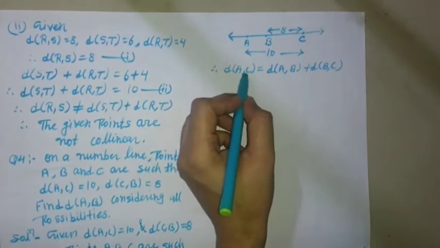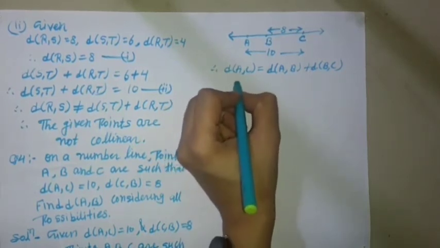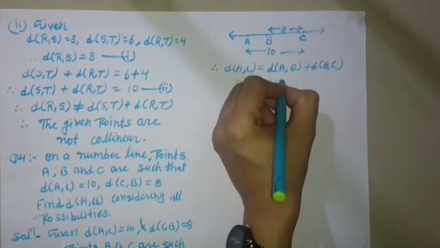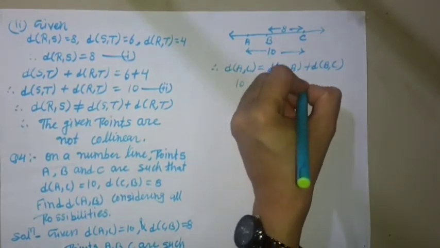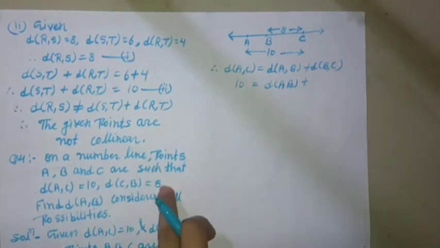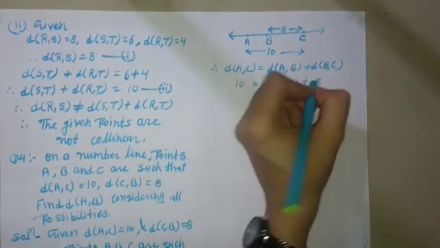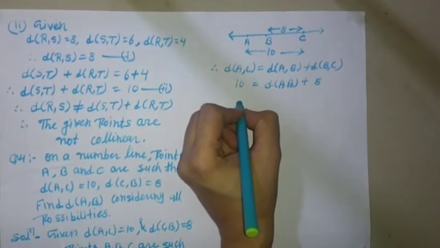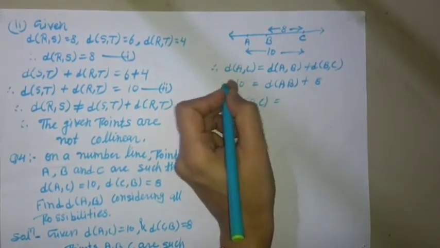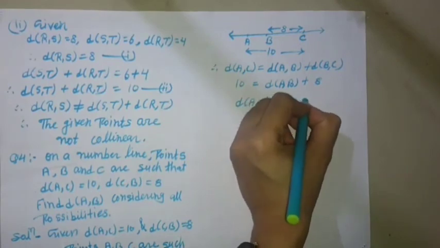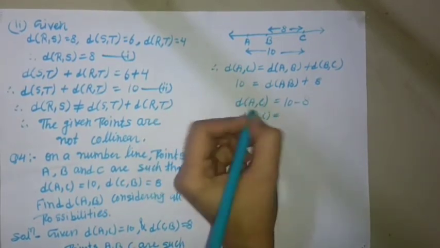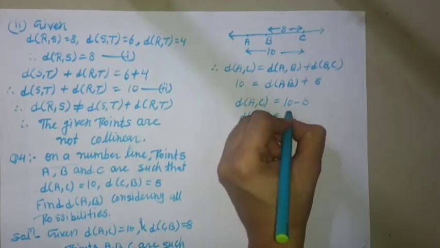Substitute the value of distance of AC equal to 10: distance of AB plus distance of BC equal to 8, distance of AB equal to 10 minus 8 equal to 2.